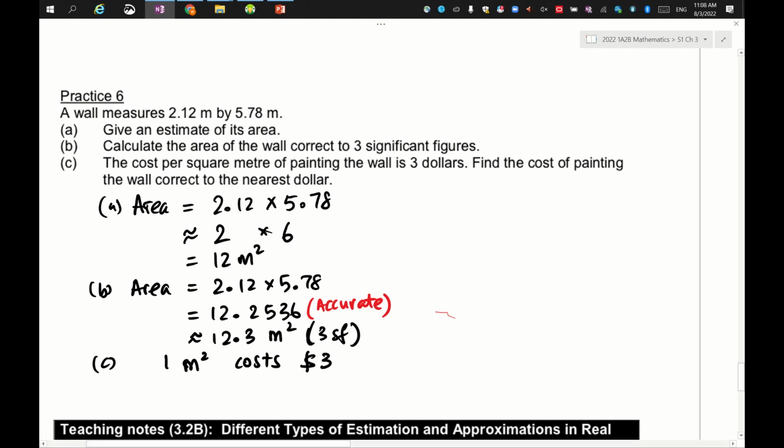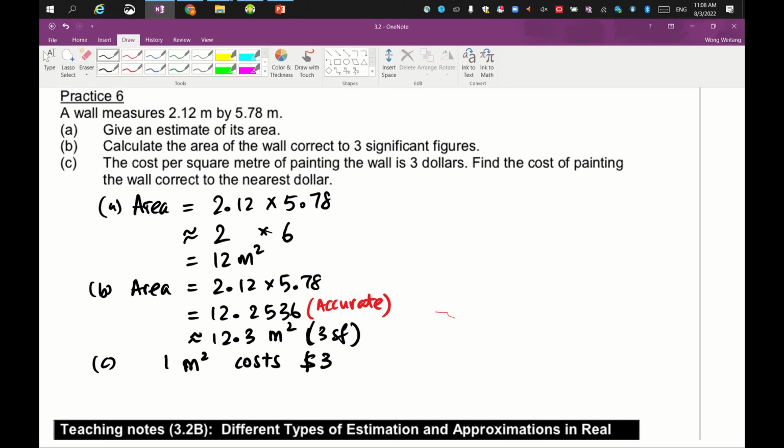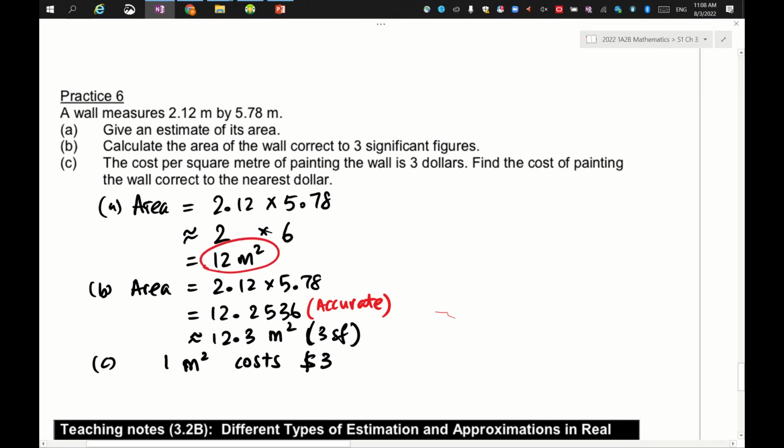Should I use 12? You sure? Should I use this 12 to calculate the cost of painting the wall? Maybe, have to decide lah.